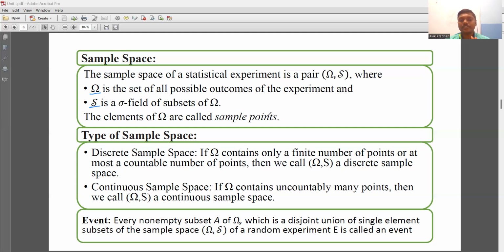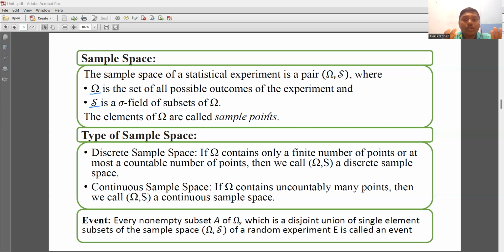So the sample spaces corresponding to those experiments are discrete sample spaces. And in the last example, the life expectancy of the light bulb, we have seen that the set corresponding to all possible outcomes of that experiment is an interval, which is an uncountable set. The sample space corresponding to that experiment is called a continuous sample space.